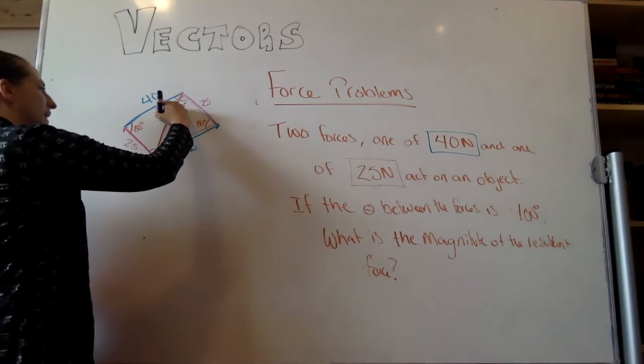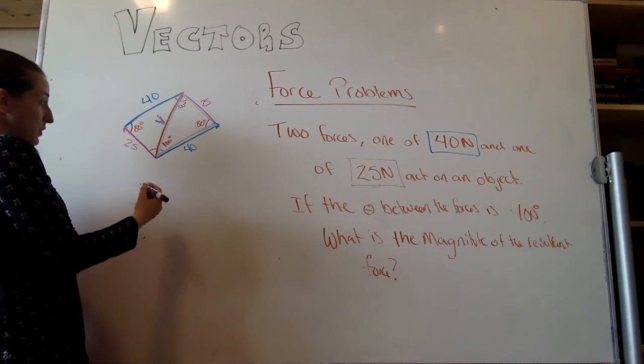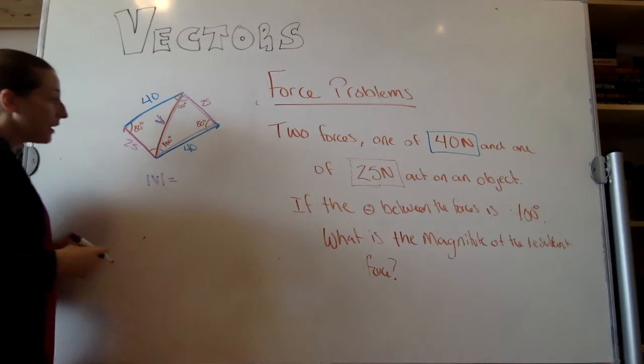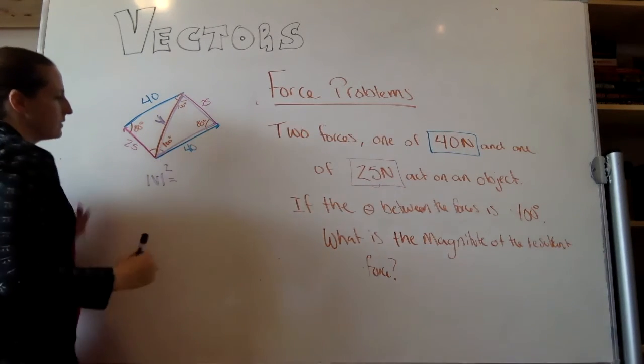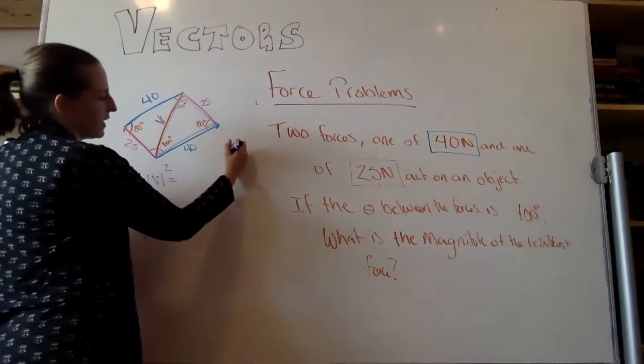So we want to know the length of this guy. I think I already called it V earlier. We want to know the magnitude of V. So the magnitude of V, by our law of cosines. Remember what the law of cosines says. We have three different versions of it.